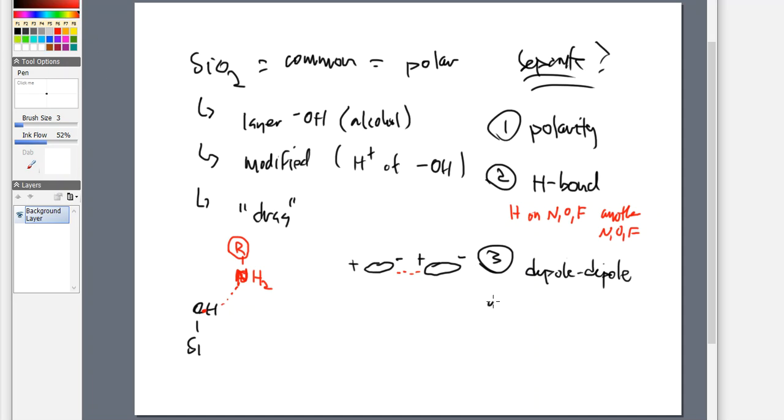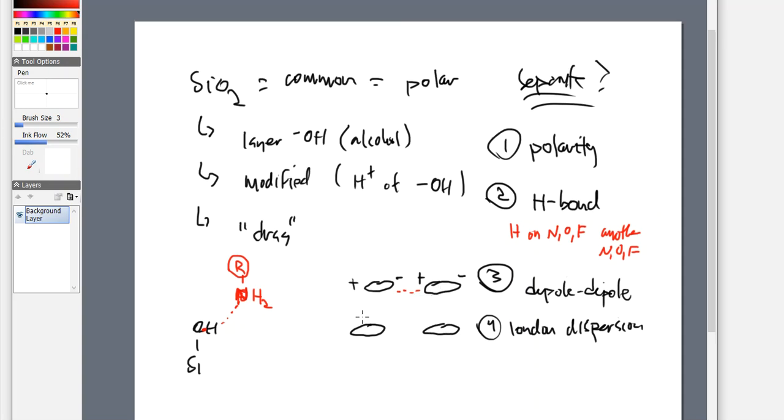Another type of bonding that we can talk about here is London dispersion. London dispersion is the idea that these charges are not necessarily localized, but are temporary forces that begin to happen. These electrons are there, and these electrons will move.